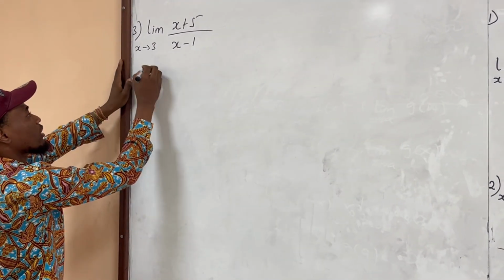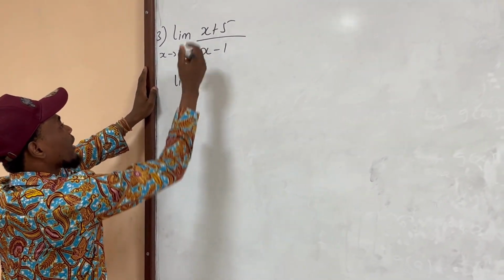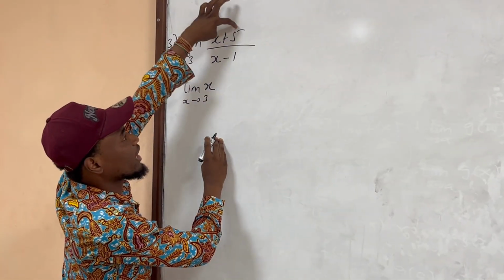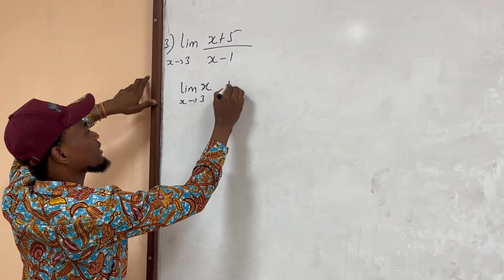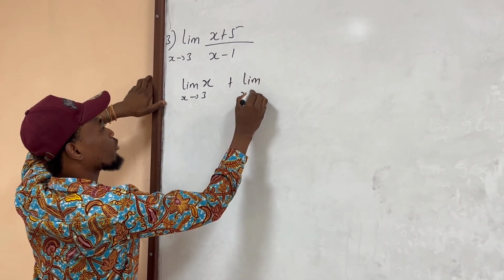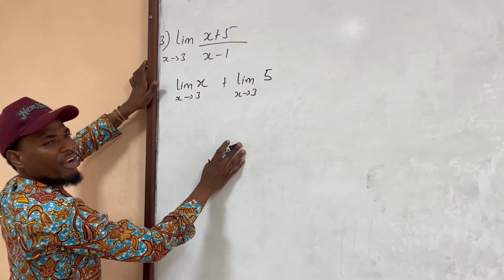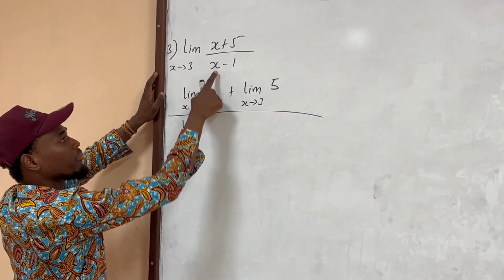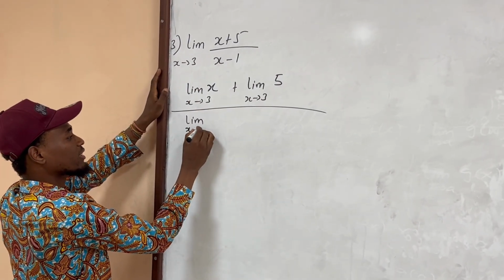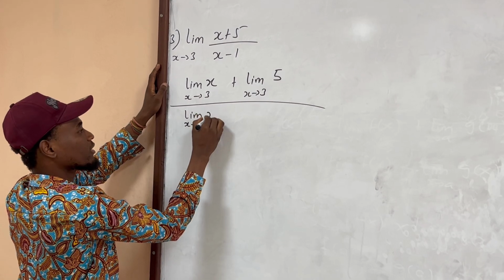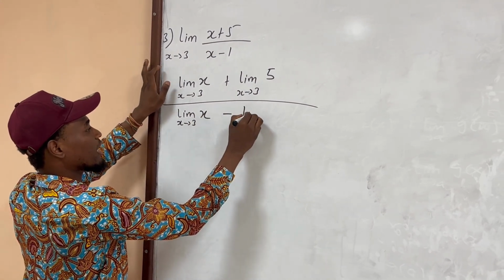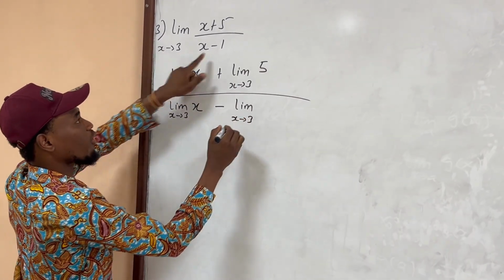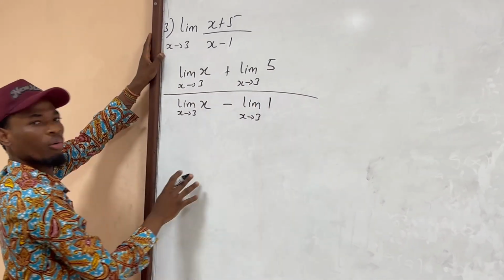So we have the limit of x as x approaches 3, plus the limit as x approaches 3 of 5, all over the limit as x approaches 3 of x, minus the limit as x approaches 3 of 1. As simple as that.